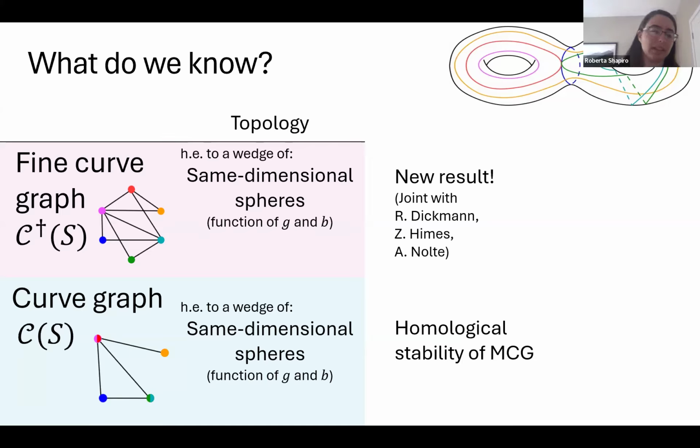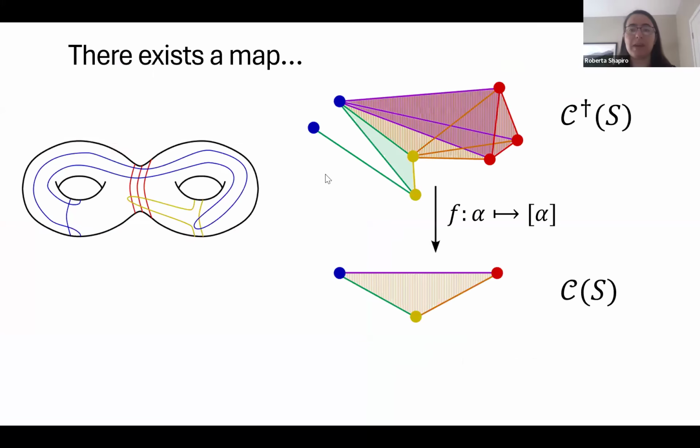There is something to be said here. So let's see how we might try and prove such a result. Well, there exists a map from the fine curve complex to the curve complex, and in some sense the natural map. It takes a curve and sends it to its homotopy class. It's what we'd hope.